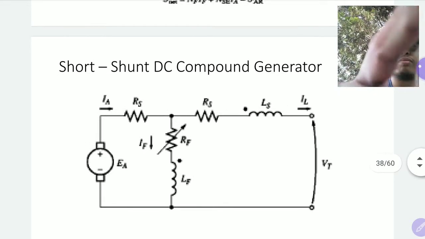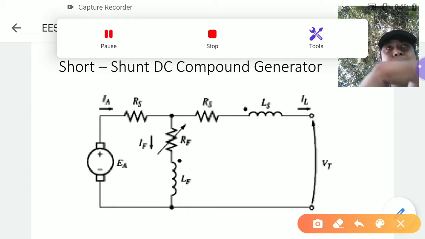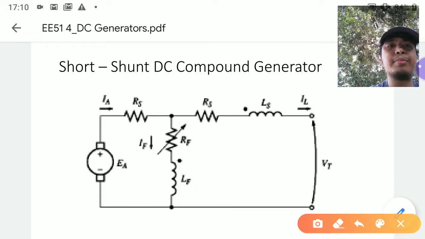You have a shunt DC generator, and then to reinforce the magnetic field, you add another series field.